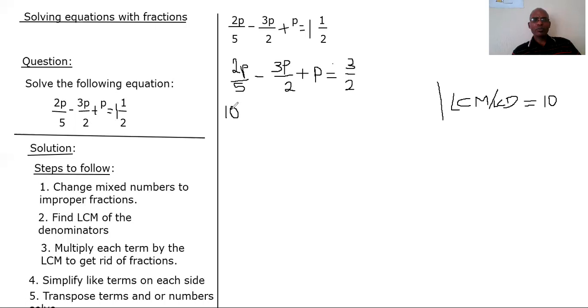I'm going to make use of brackets which are easier, which is 10 times 2p over 5. I'm multiplying each term, remember, by the LCM or the LCD.